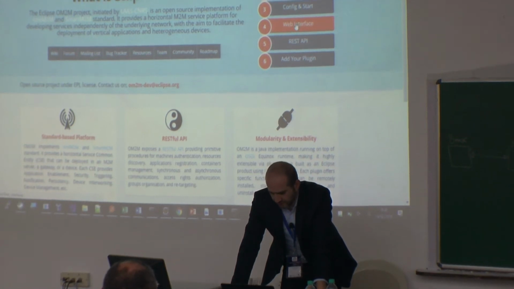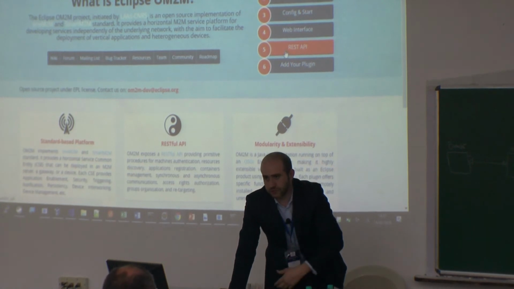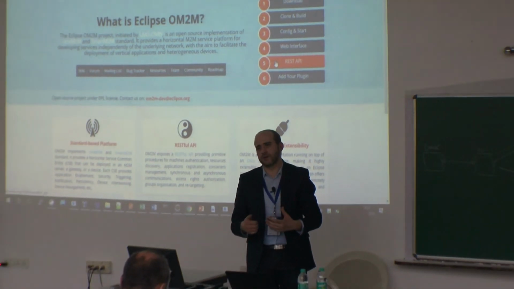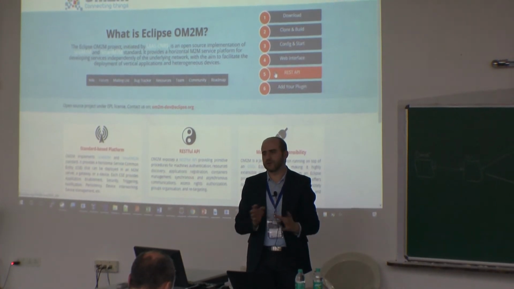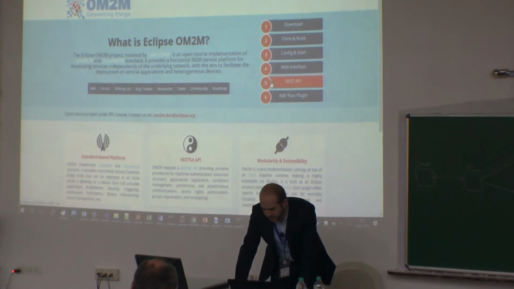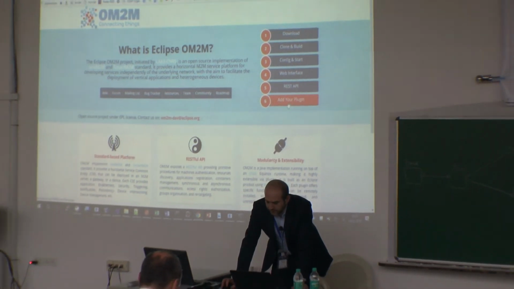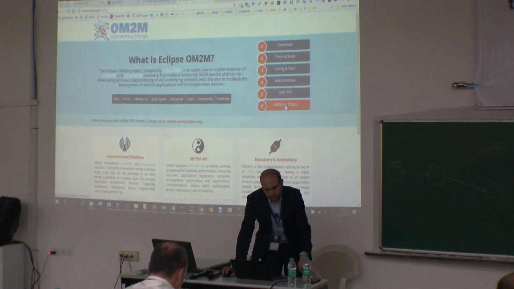What to expect from the web interface that I have shown you. The REST API, a tutorial to redo what we did earlier, the creation of an application entity, the containers, the content instance, and even the subscription notification part. And finally, you will have the tutorial for developing a new IPE.